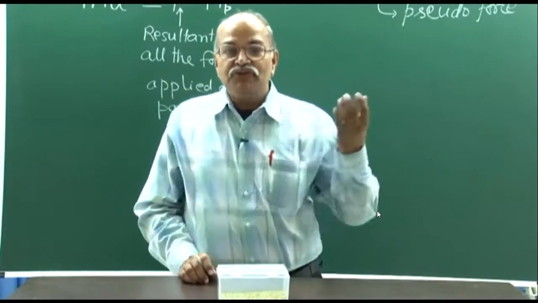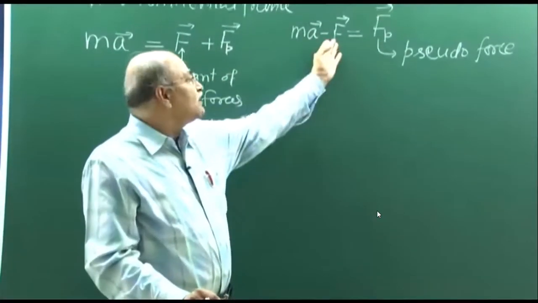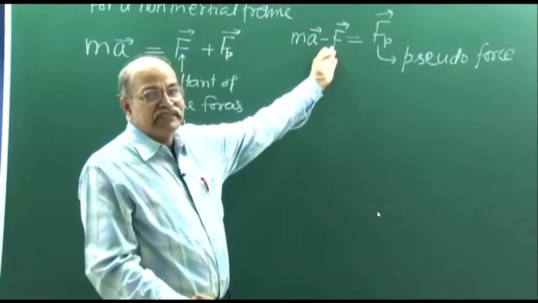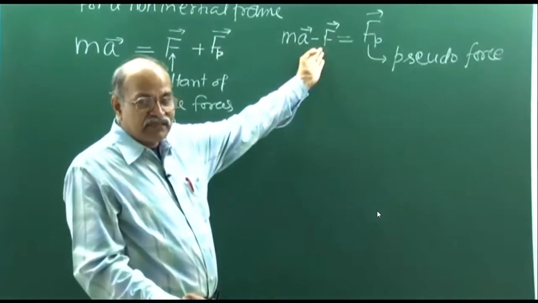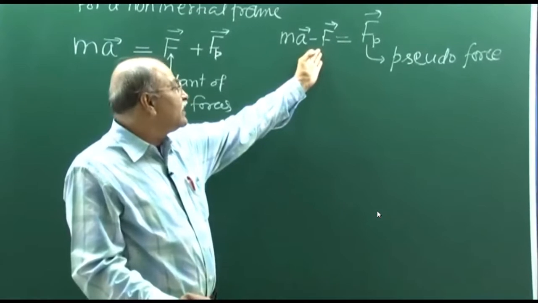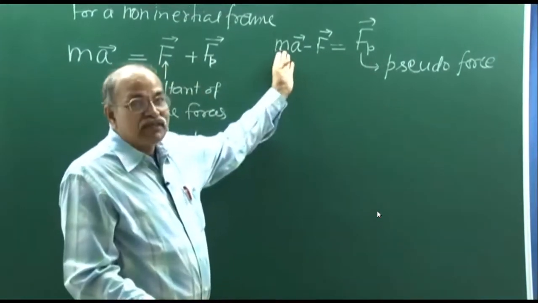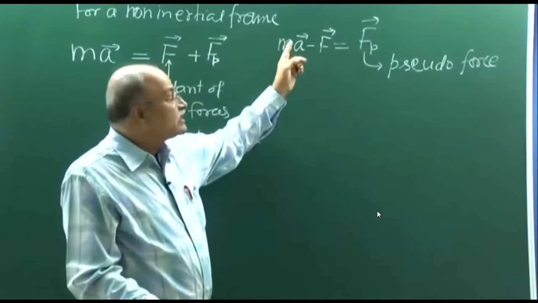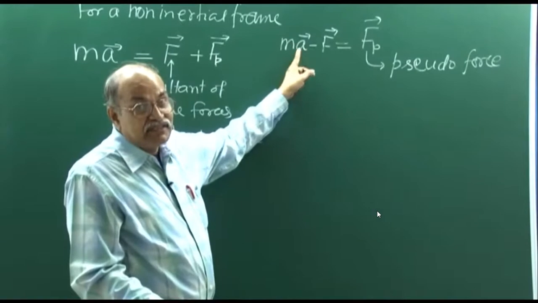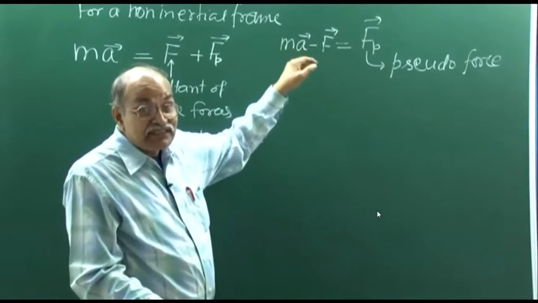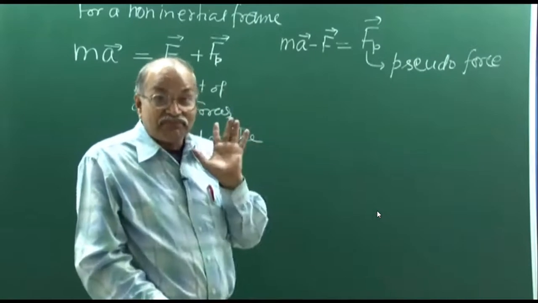So, if you look at this equation, the real applied force is 0, the resultant is 0 in horizontal direction. In fact, if you neglect friction, there is nothing, and therefore, this pseudo force is just mass into acceleration. This is the acceleration of the particle with respect to that box, which is minus a0 if a0 is the acceleration of the box with respect to the lab.